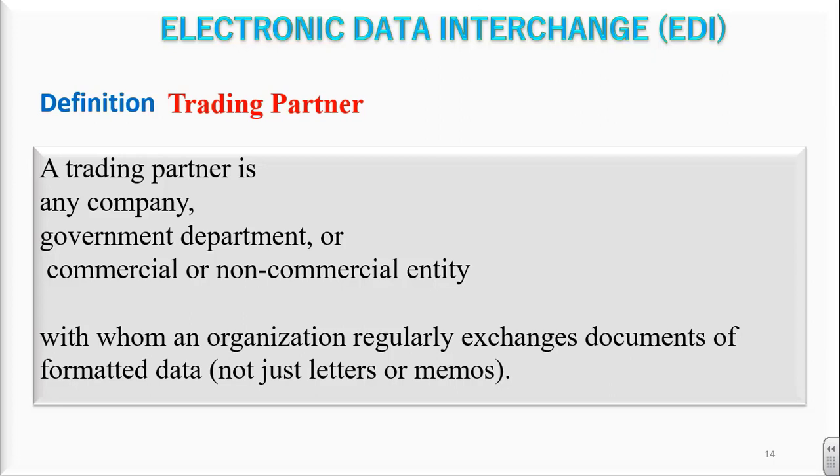So in the case of hospital, the suppliers are commercial entities with whom the hospitals regularly exchange documents of formatted data, documents of orders, order acknowledgement, order received, payment given, payment received. All these documents are documents of formatted data which are exchanged regularly between suppliers and hospitals. So in this case we call all suppliers trading partners of hospitals.